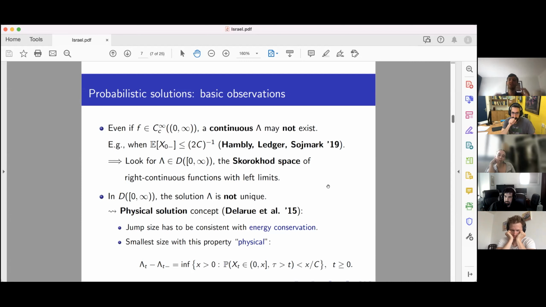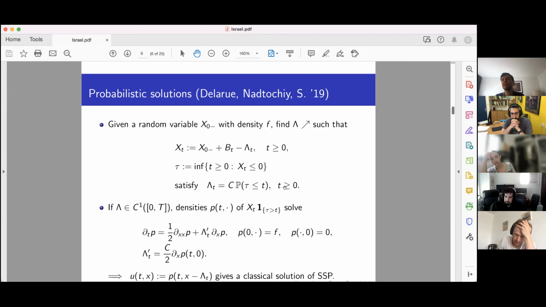Now, if you formulate the problem in the space D, you also fairly quickly realize that you cannot have a unique solution. The reason is that the jumps of lambda are not uniquely determined by this problem.